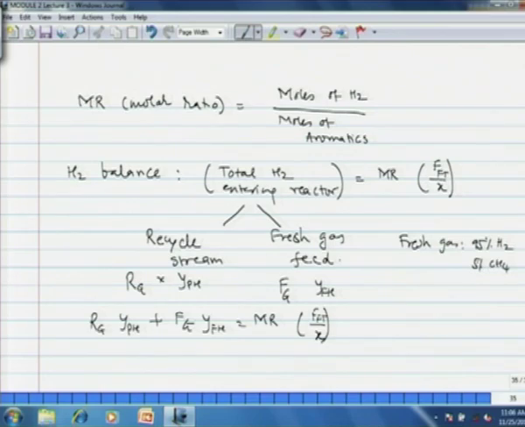Now, when we did the material balance for the input output structure, we had derived an expression for the fresh gas feed rate, and I would like to write it again.